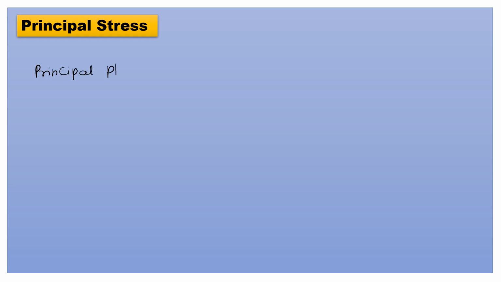That kind of plane is called a principal plane. Then principal stress. Principal stress is the magnitude of normal stress acting on the principal plane. This is called principal stress.